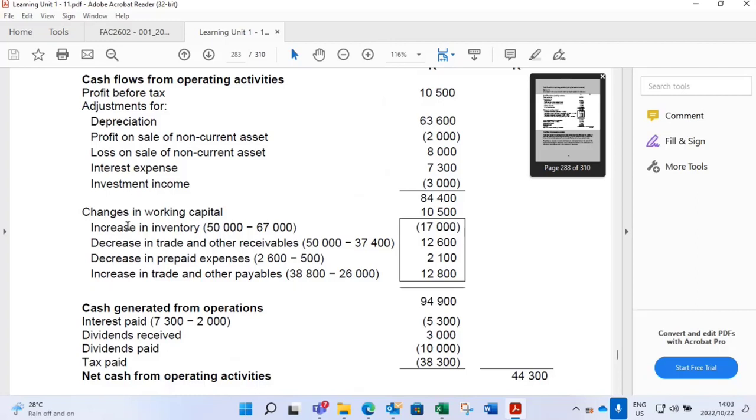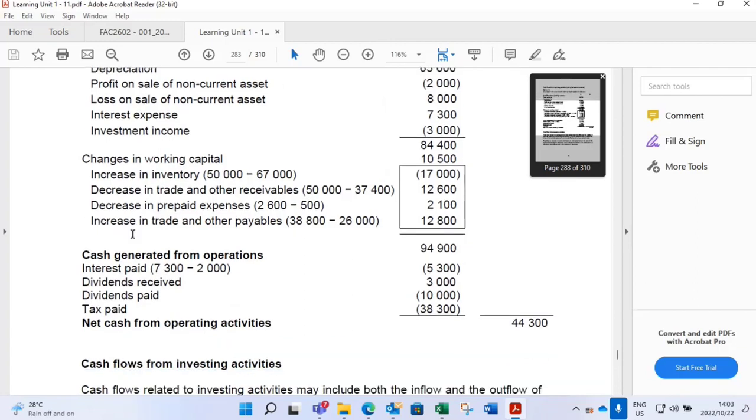On the indirect method, the top part is non-cash items, and then at the bottom, when you do the dividends and the taxation, it's cash items where we actually get cash or pay out cash. Yes. Am I understanding it correctly? Yes. Okay, I just needed clarity on that because the other one is opposite, so I get confused a little bit. Okay, no problem.